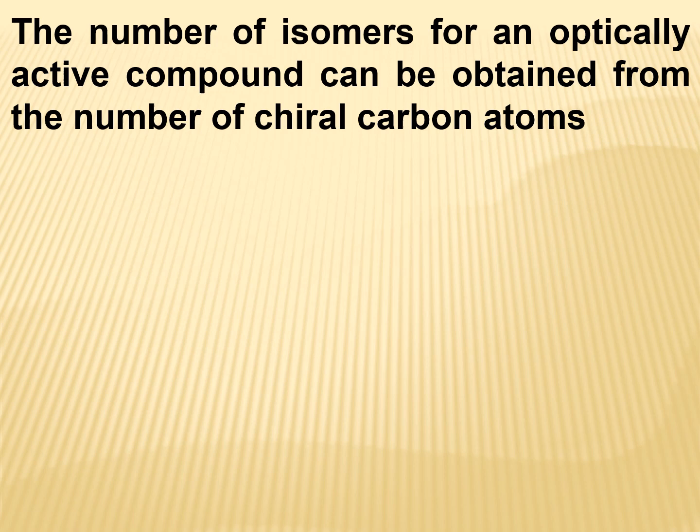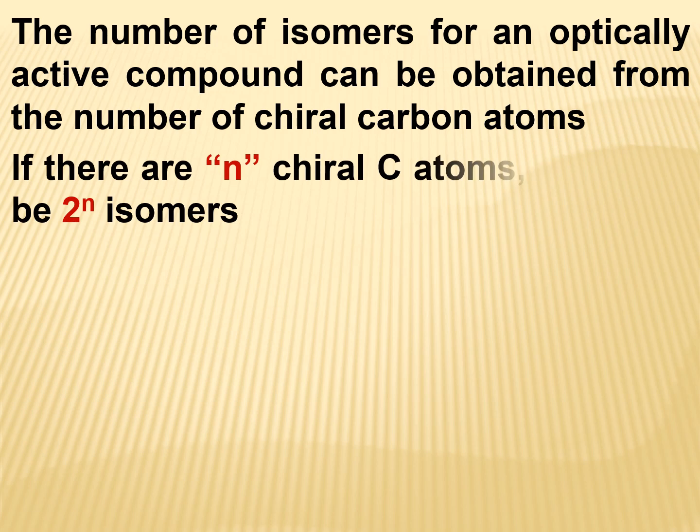Now, if you know the number of chiral carbons in a molecule, then we can predict the number of optically active isomers for this compound. Suppose there are n chiral carbon atoms, then there will be 2 raised to n isomers.